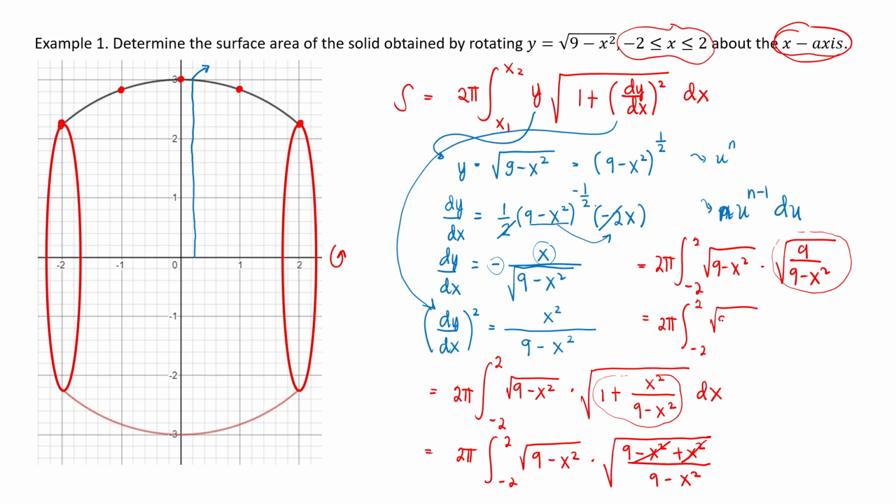So this one is square root of 9 minus x squared, and then this becomes square root of 9 all over square root of 9 minus x squared. So notice that we can cancel this one out, and what is left is 2 pi from negative 2 to 2, and then dx here. So what is left is just the square root of 9. So square root of 9 is 3, 3 dx.